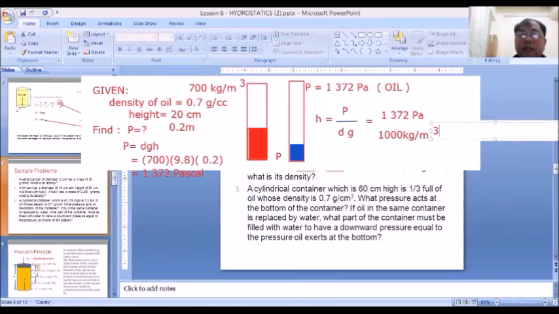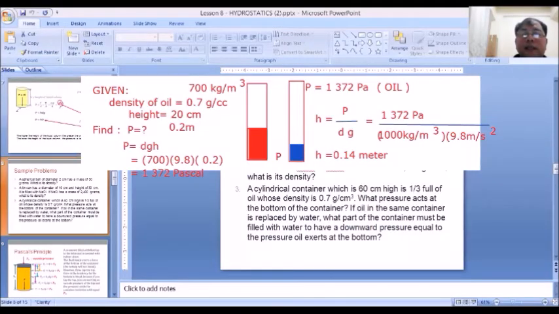And we multiply this now with 9.8, which is our acceleration due to gravity. So multiply that now and divide it into 1372. So how high is our liquid if we have this?